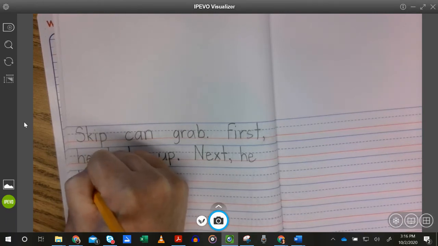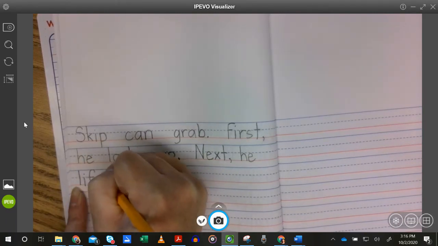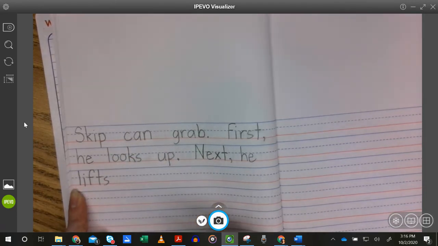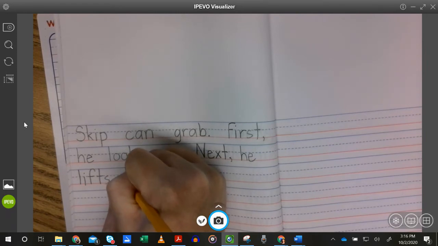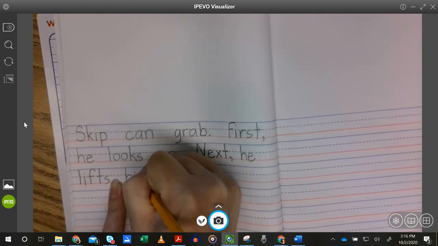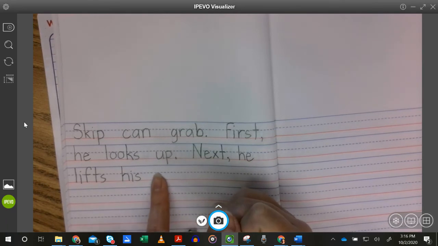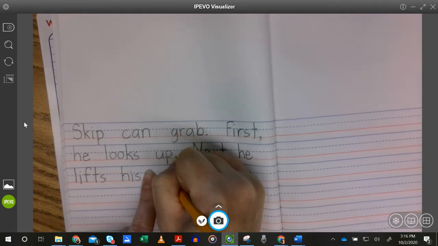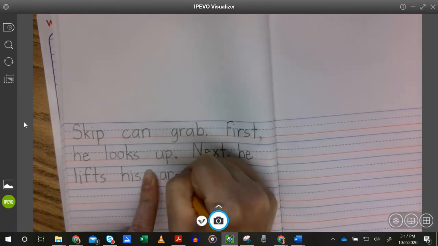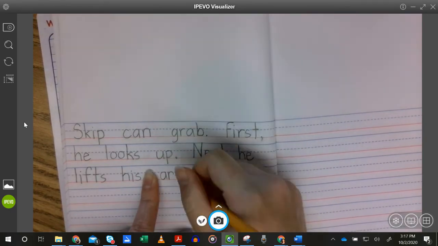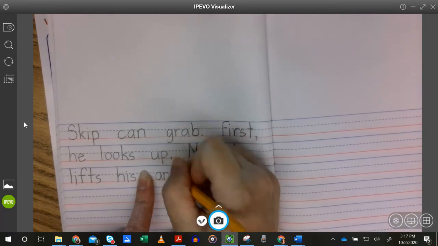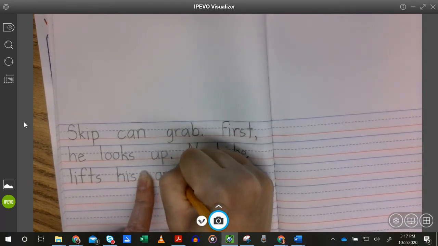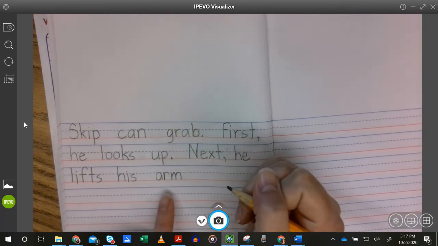L, I, F, T, S. Next, he lifts his arm. We haven't done the R sound yet, but it's A-R. Arm. We're going to write the sight word arm instead. Arm. He lifts his arm.